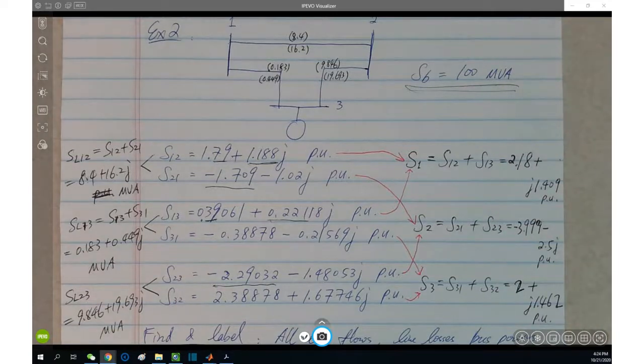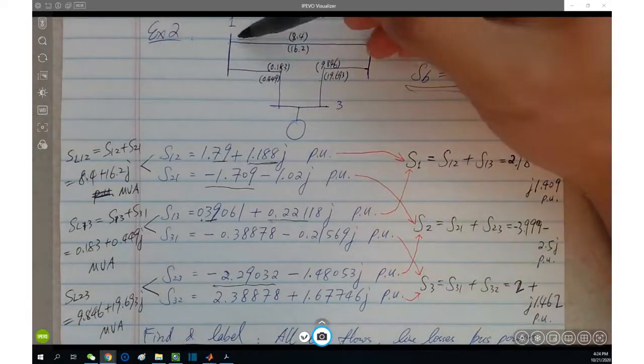Right. So this is how we find all of the line flows. Of course, they're given, and line loss and bus power. And then to label them into the graph, we can begin with S12. First of all, the location is here. Okay, this is very important.